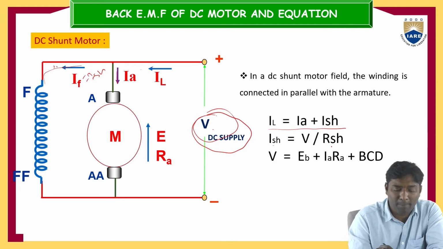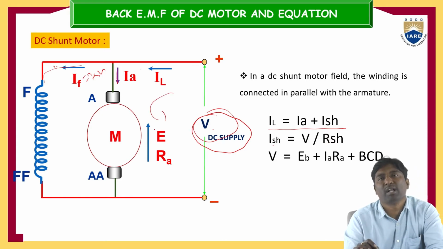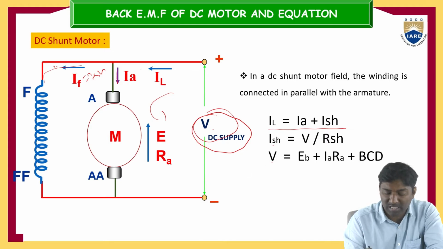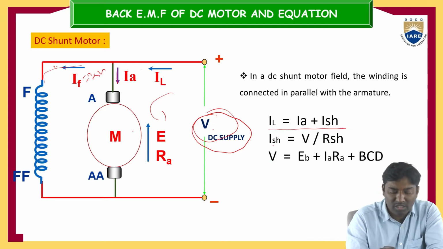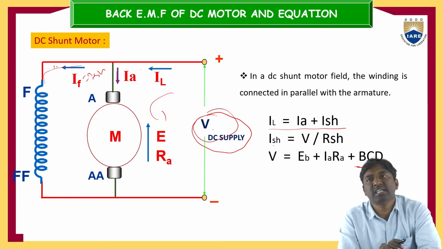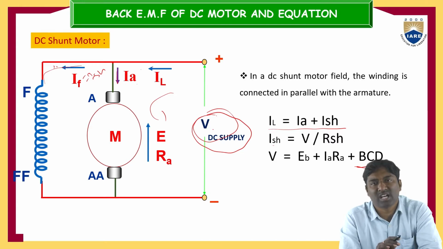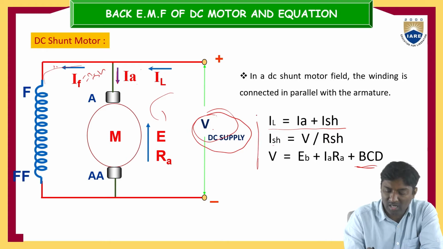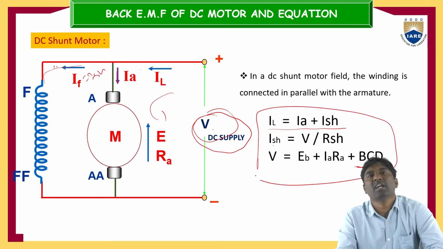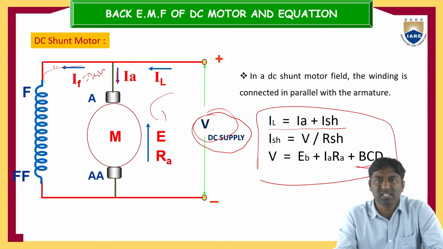Now you can apply loop analysis again. V is equal to EB plus IA into RA plus BCD, where BCD is the brush contact drop, 1 volt per brush. So these are the voltage and current equations for the DC shunt motor. Next is the compound motor.